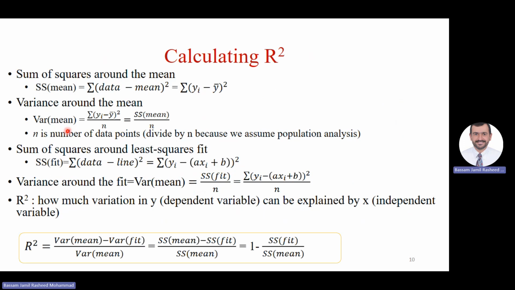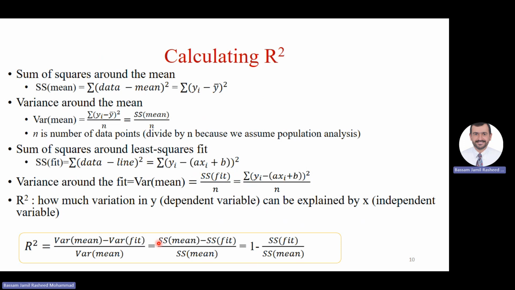Now, how do we calculate the R square? This is the equation for the R square, and we want to talk about the variance around the mean and the variance around the fit.